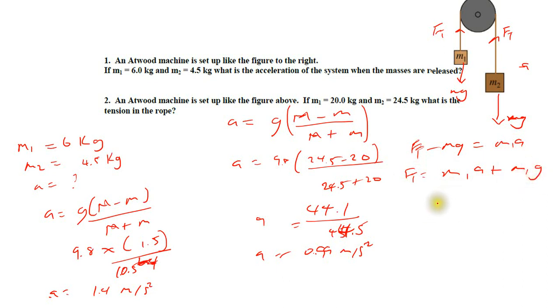We can factor out M1, so M1 bracket a plus g. So we know a a while ago, we know M1. M1 in this case is 20. 20 times the sum of the acceleration, 0.99 plus 9.8.